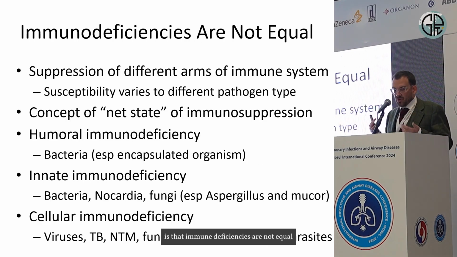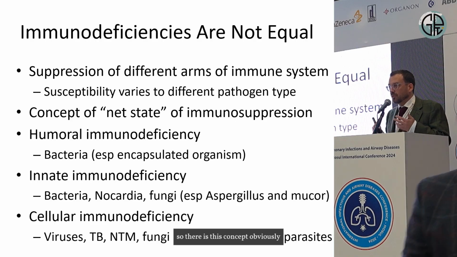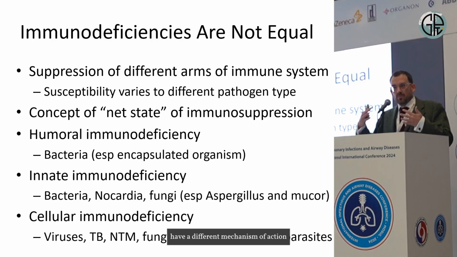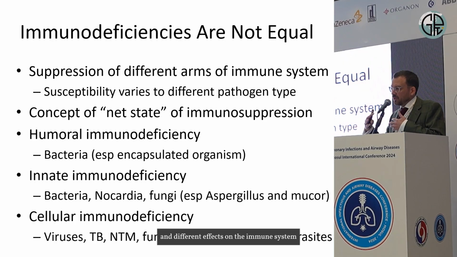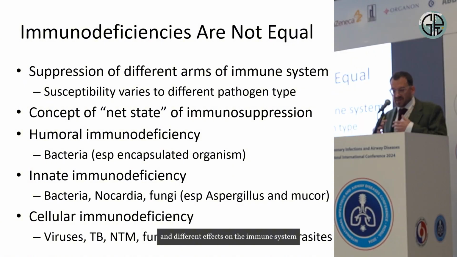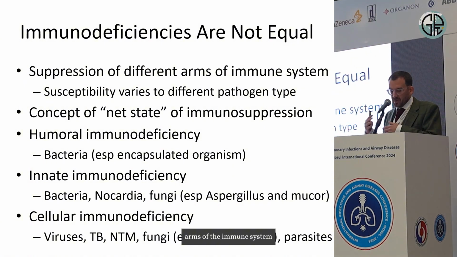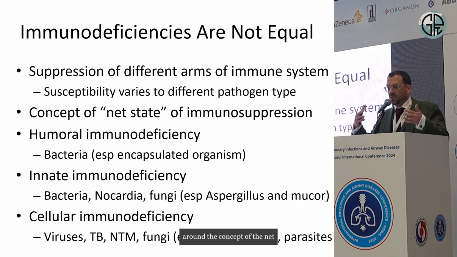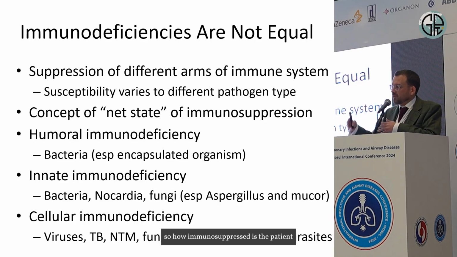One thing I will say is that immunodeficiencies are not equal. Obviously, all immunosuppressive agents have a different mechanism of action and different effects on the immune system, and they may affect different arms of the immune system. So, for example, there's this concept in transplant infectious diseases of the net state of immunosuppression. So how immunosuppressed is the patient?